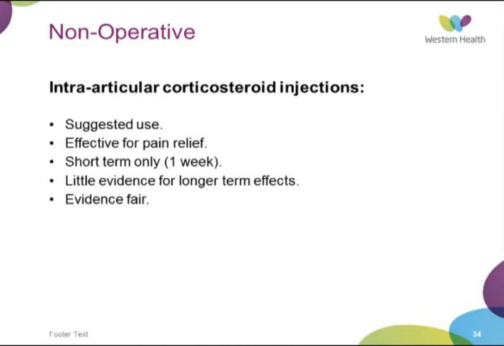Intra-articular corticosteroid injections. They suggested that this can be used. It was effective for pain relief, however it was limited. It was only short-term relief for up to about a week, and there was little evidence that suggested that it had longer-term effects.